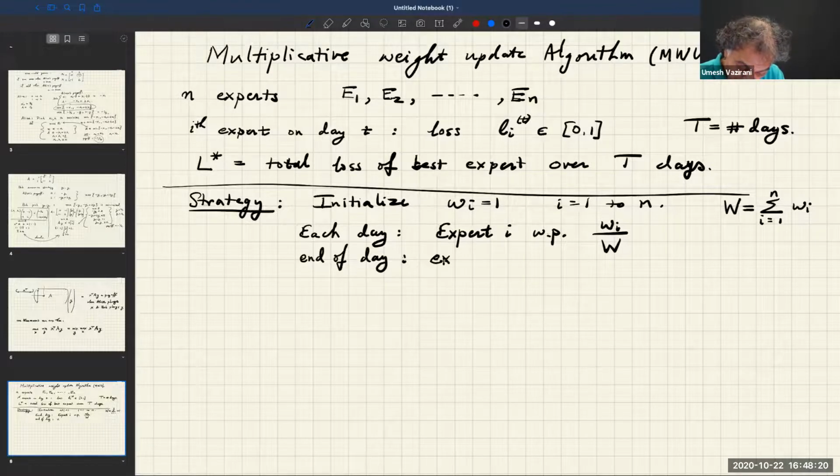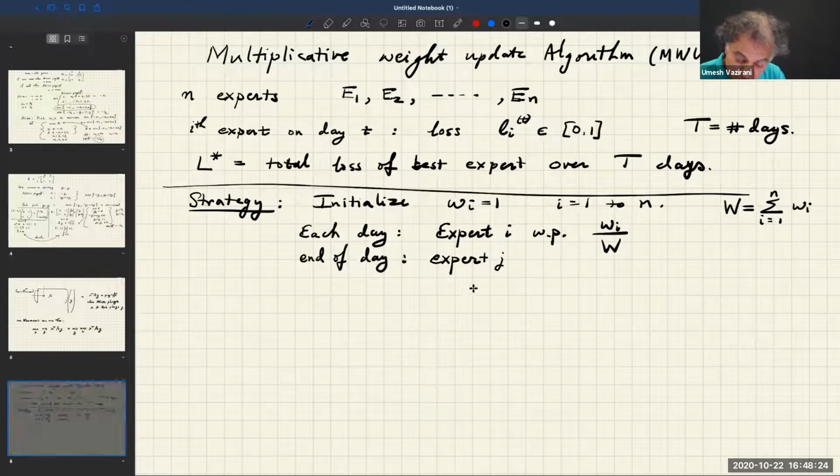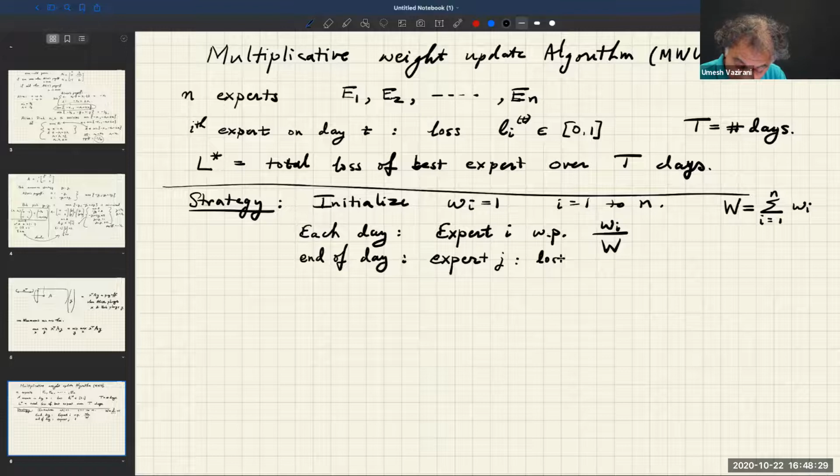So expert J, if we had listened to expert J, then we'd have suffered a loss of L sub J. I'll put a superscript T to say it's on the Tth day. Right? So now what we do is, the more loss an expert suffered, the less confidence we have in that expert.